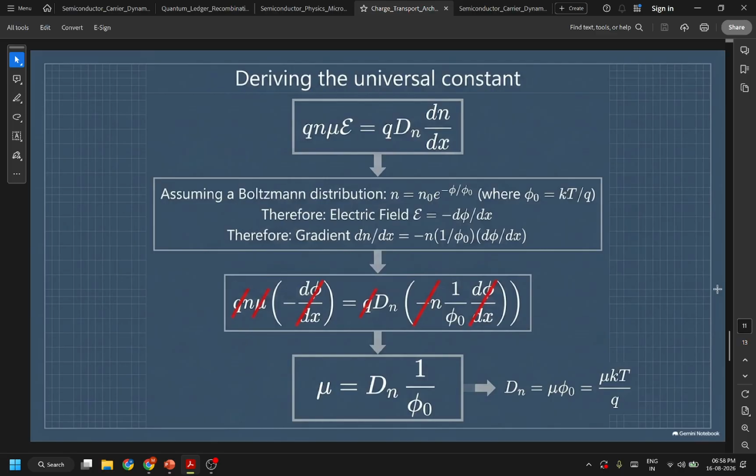So we place both electric field and gradient in this equation. q cancels out with q, mu cancels out with mu, n cancels out with n, and dphi/dx cancels with dphi/dx, which leaves us with D_n equals mu phi_0, which equals mu kT/q. So in the previous equation we had assumed D_n as mu kT/q. Now we have derived D_n as mu kT/q.